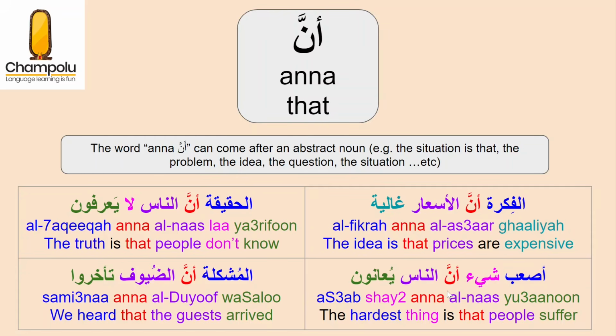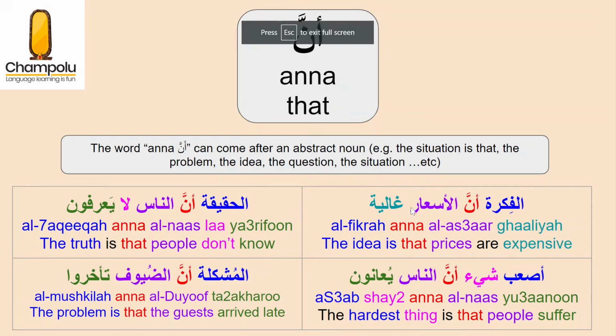And then you have another example here, such as المشكلة أن الضيوف تأخروا, which means the problem is that the guests arrived late or were delayed. So here the concept or the abstract word is المشكلة, and it's followed by أن, and then a sentence.